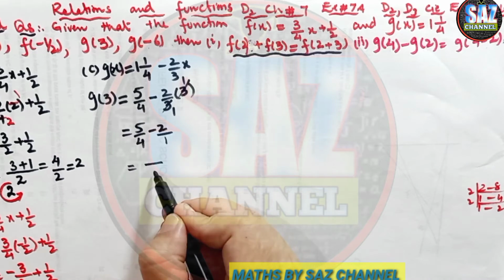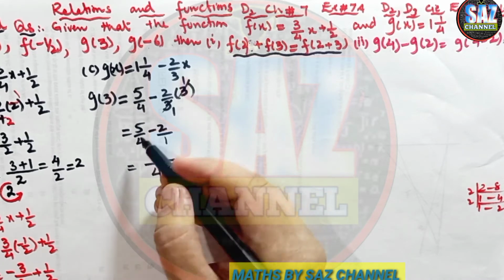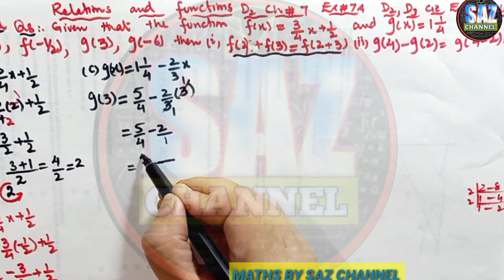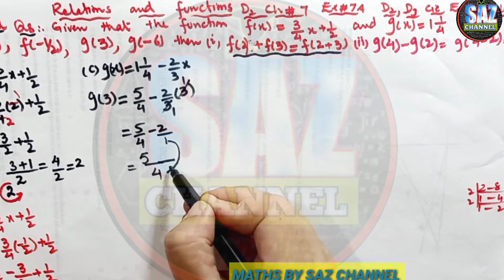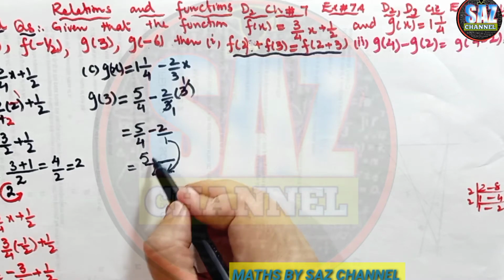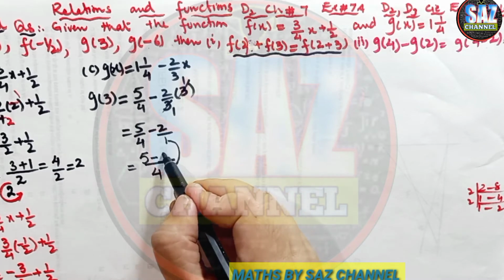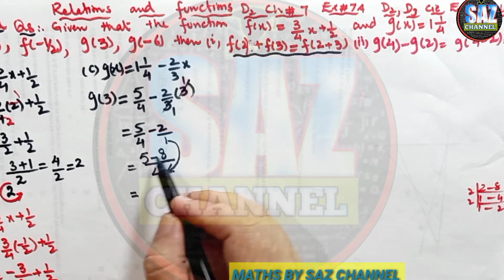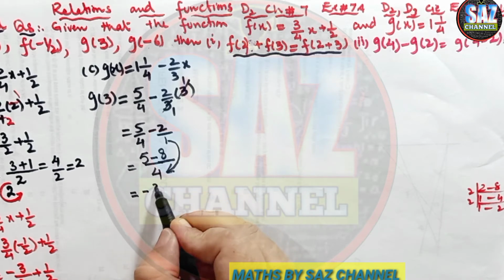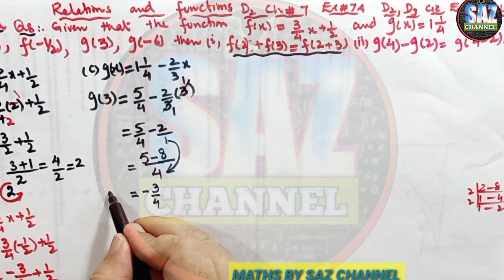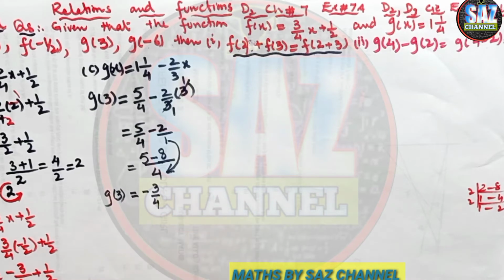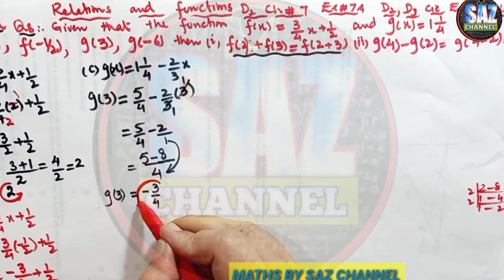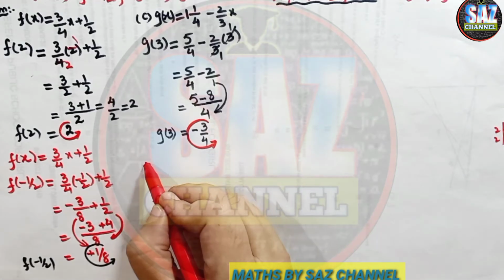So the LCM will be 4, and then the denominator is 4, so the numerator will come as it is, and 1, and here the LCM is 4, so I have to multiply the deficiency with the numerator and it will take the form minus 8, and the value of this fraction will be minus 3 by 4. g of 3 is minus 3 by 4, and block this answer. This is the answer of g of 3.